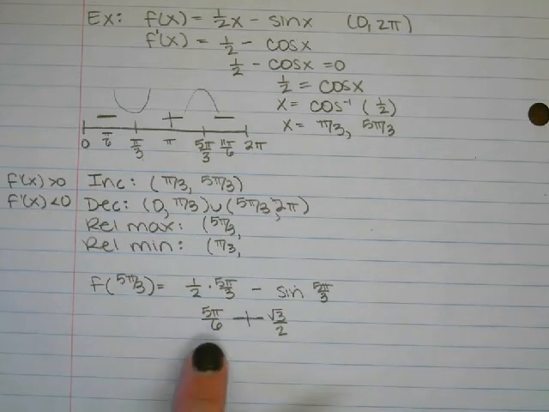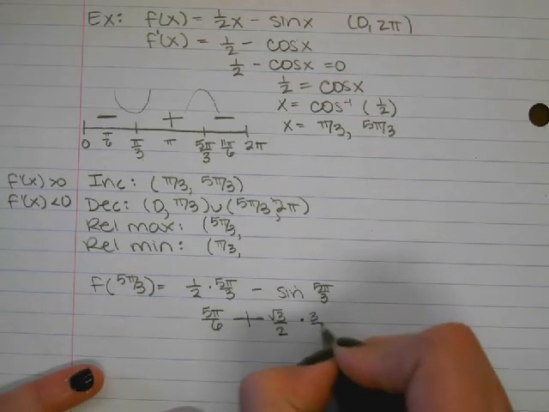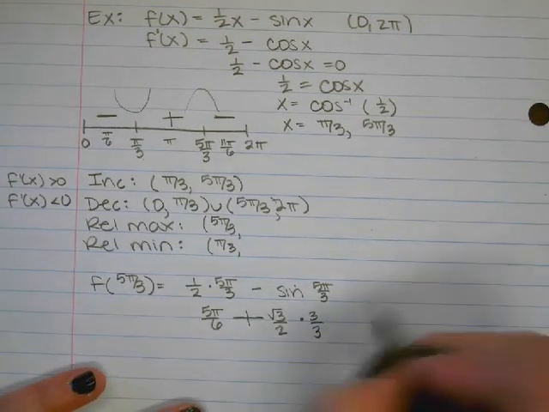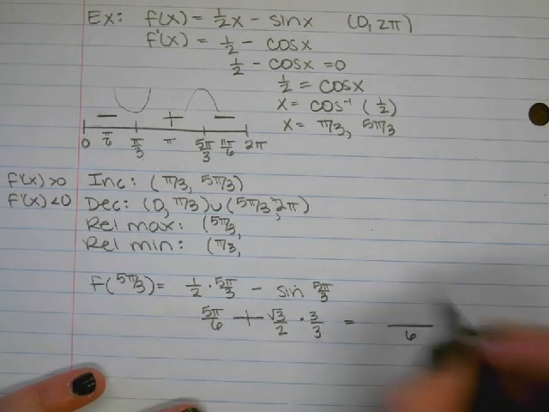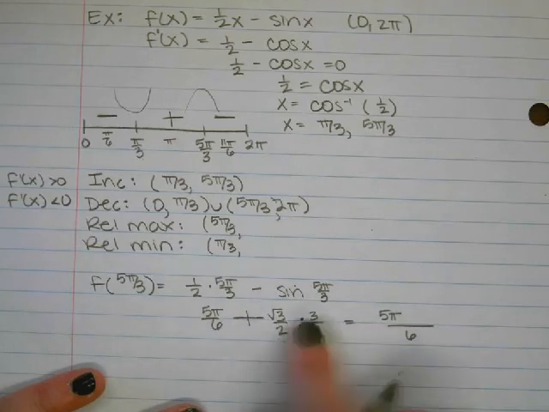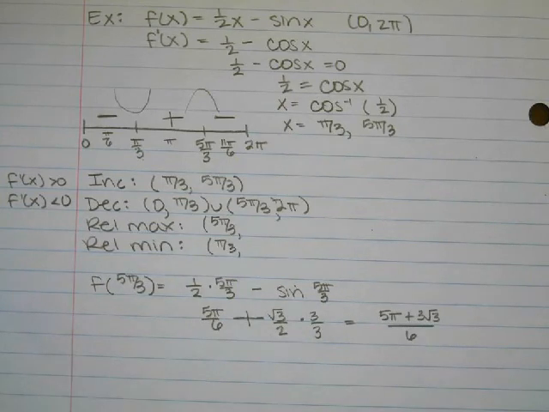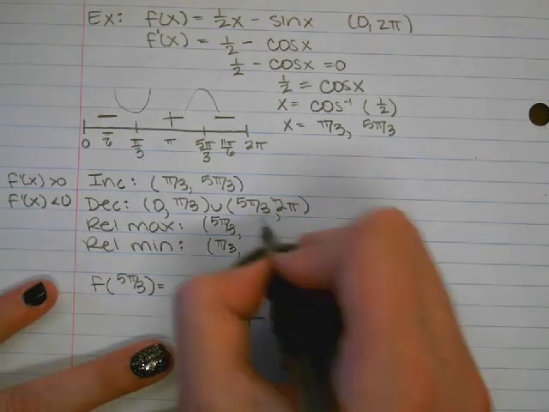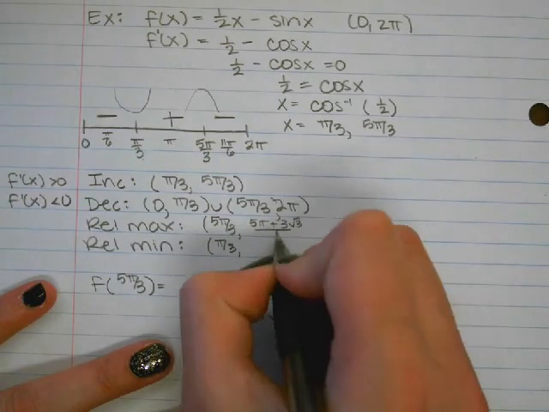I can see a denominator of 6 and a denominator of 2, so I need to multiply this by 3 on the top and the bottom to have a common denominator. So my common denominator is 6. And then I have 5 pi plus the square root of 3 times 3, and most people would say 3 square root 3. It's messy, but we found it. So 5 pi plus 3 square root 3 over 6.